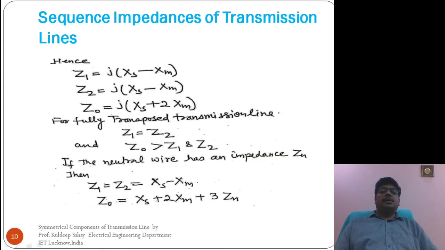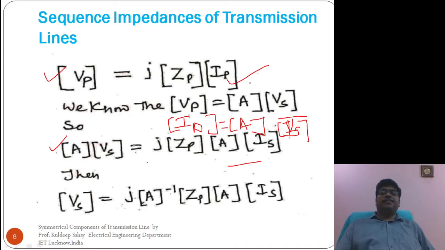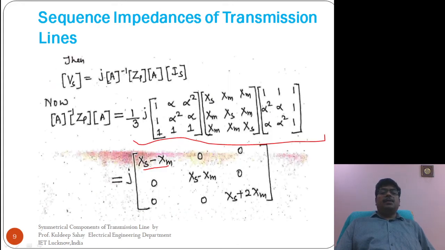Now, since this A inverse Zp into A represents, you can write this A inverse Zp, because here Vs will be this Zp.